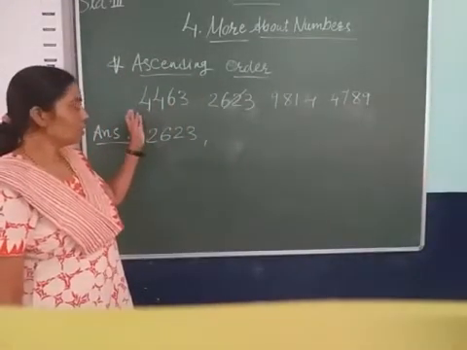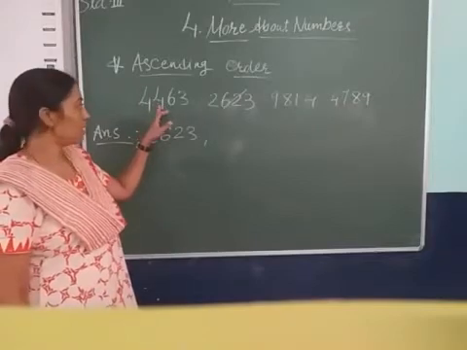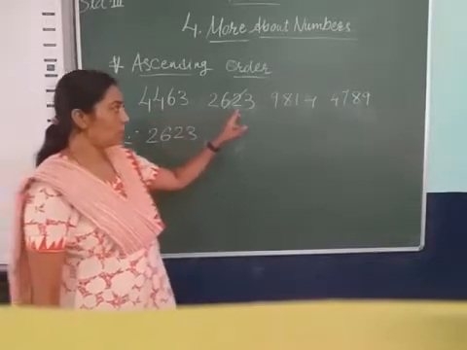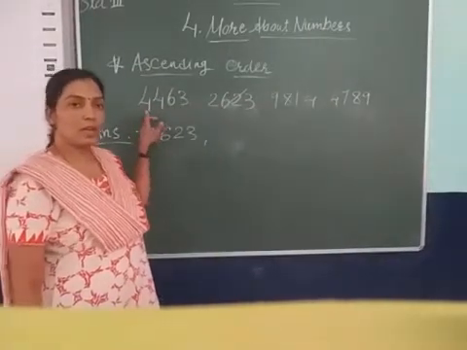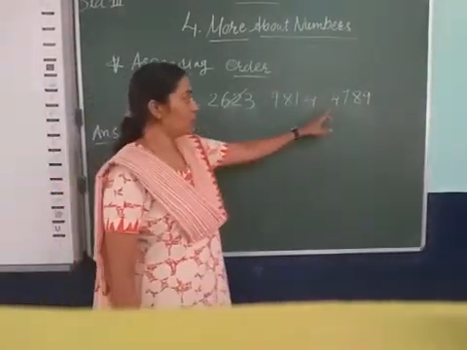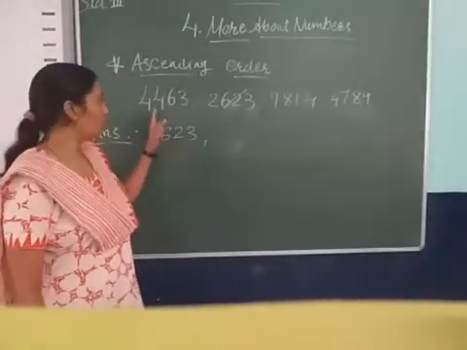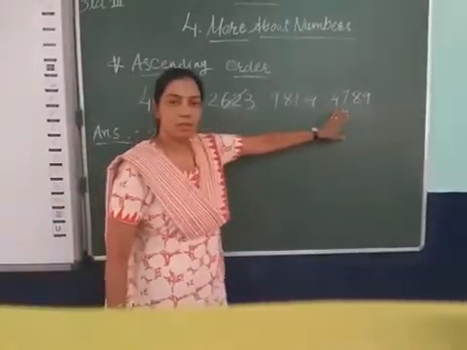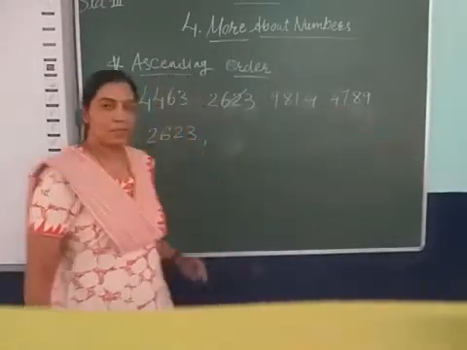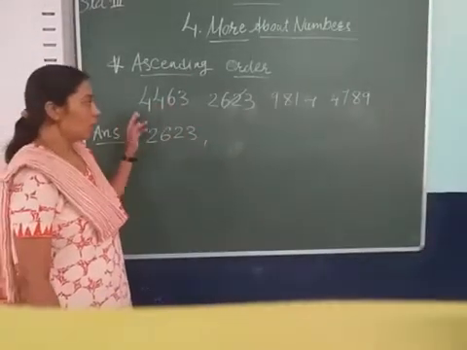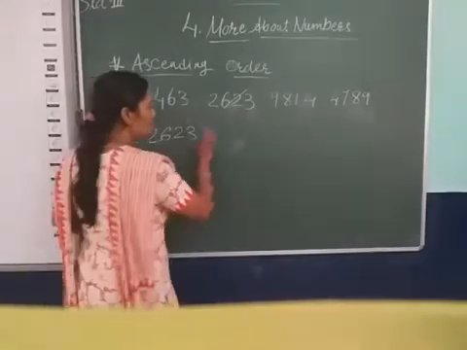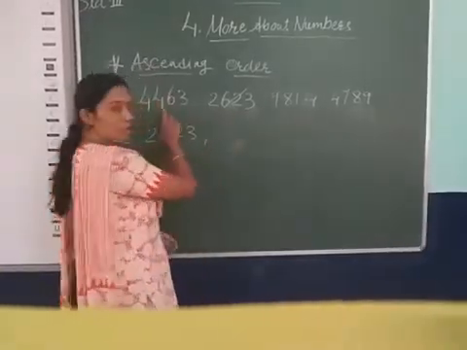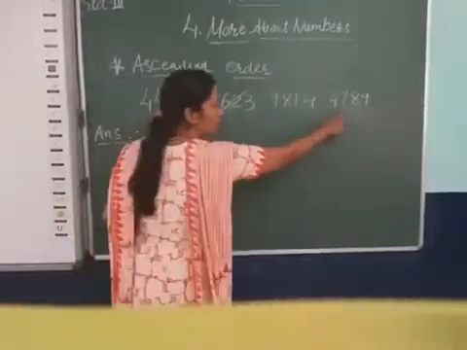Now let me see the next, the hundred place. Here the 4 is between two numbers only, because the thousands place number is the same. 4 and 4. The next is the hundred place: 4 and here we got 7. So 4, 4, 6, 3 is the smaller number. Among both of these, the hundred place is 4 and here the number is 7.